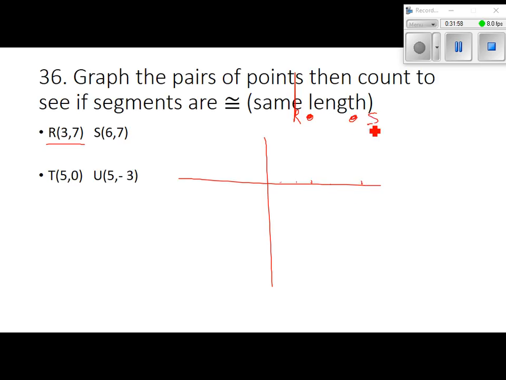If you graph it on the little graph they give you, you should be able to just count the spaces in between those two and see how long it is. Then you're going to do the same thing for T and U. I think T and U is going to go something like this. You just count the spaces in between there, and that's going to tell you how long it is. You can tell whether they're congruent or not by whether their lengths are the same. So if they have the same length, then you put yes, they are congruent.